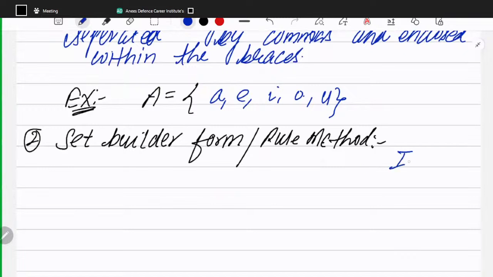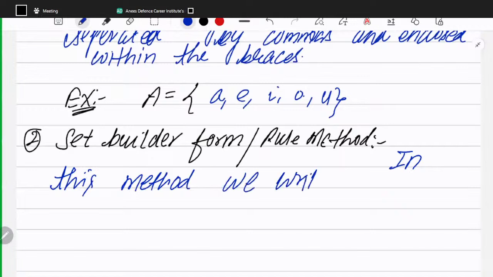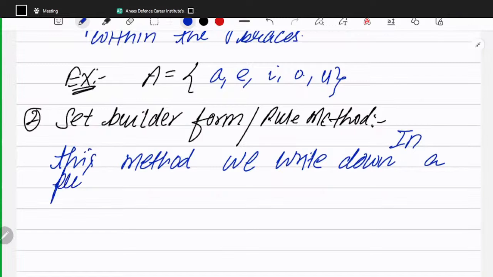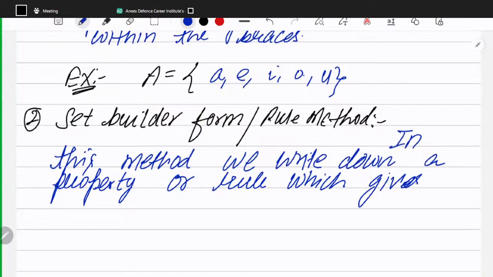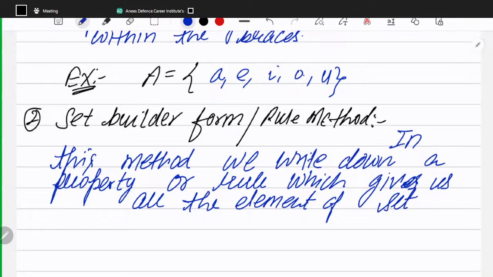In this method, we write down a property or rule which gives us all the elements of the set.